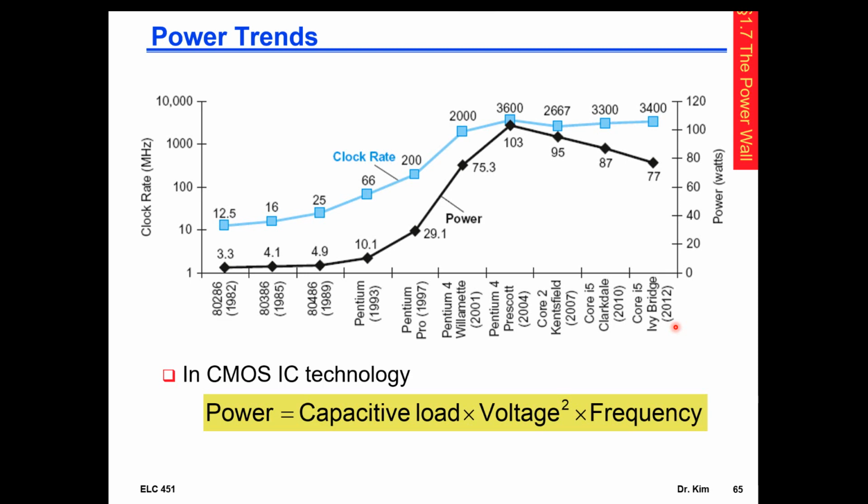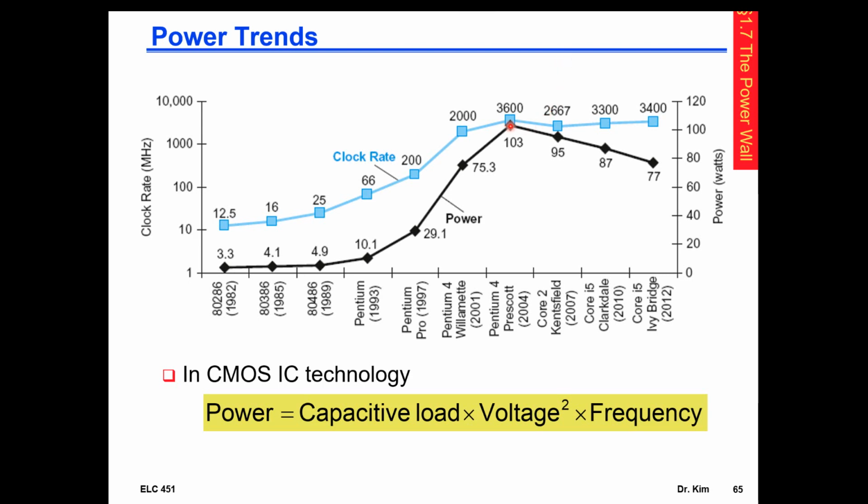So at that point, the trend changed in a couple of ways. The speed over here, the clock rate, which is the blue line, flattened. It flattened to stay around the low gigahertz. We didn't continue the trend because we would be at much higher frequencies right now.